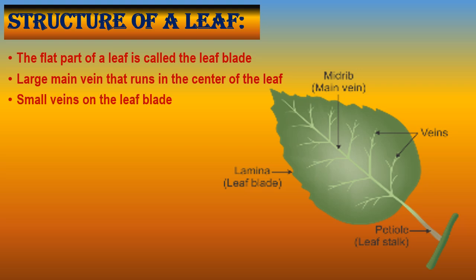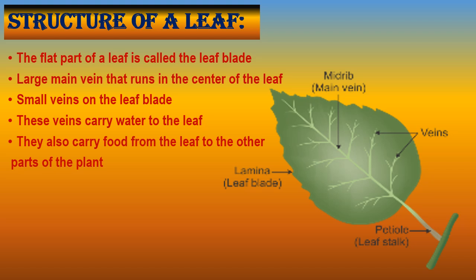Now you can see there are other small veins on the leaf blade. These veins carry water to the leaf. Which water? The water which has been soaked up by the roots and transported by the stem to the parts of the plants. Now these veins carry that water to all parts of the leaf.